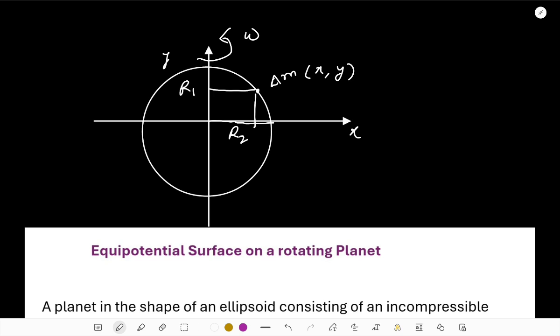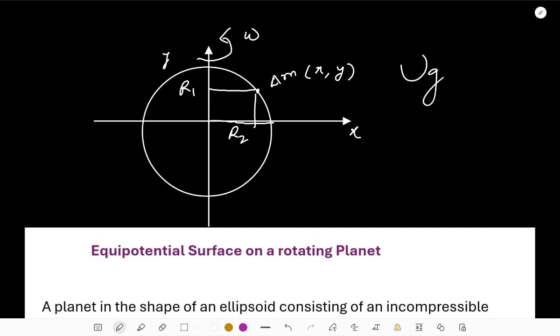And now I'm going to think about the potential energy. You can see here the potential energy of any element of fluid with mass delta m lying on the surface of the planet and having coordinates x and y is made up of its potential energy related to its gravitational field, which I would like to call UG, and the potential energy related to the centrifugal forces.